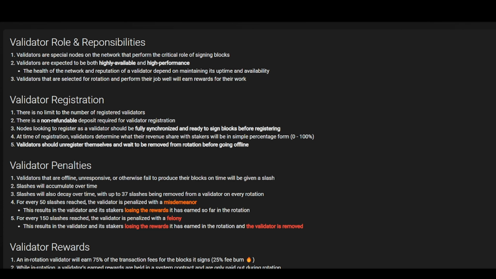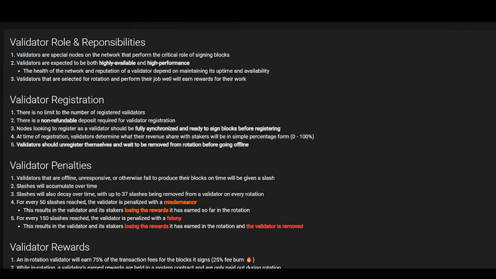Number 4, at the time of registration, validators determine what their revenue share with stakers will be in a simple percentage form of 0 to 100%. And then we got number 5, validators should unregister themselves and wait to be removed from rotation before going offline.